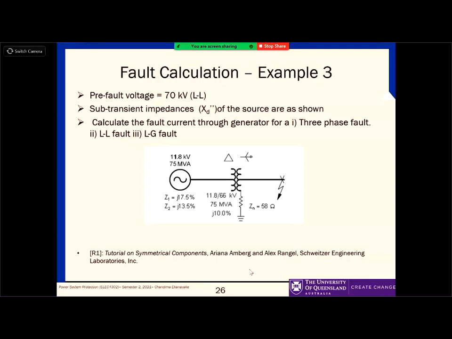It was just a similar sort of negative sequence and zero sequence. They were quite similar, right? Positive sequence, you have the voltage source, right?